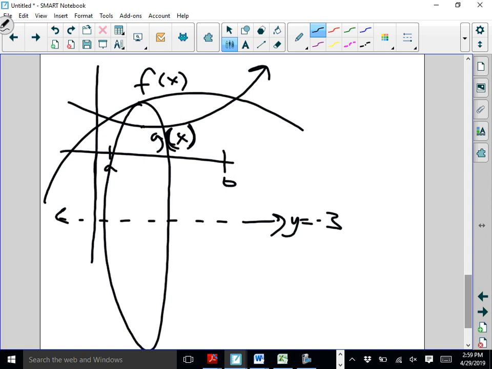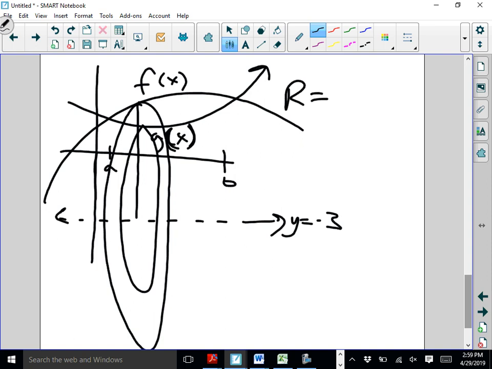Now, my big radius is still going to be tied to f of x. But as a reminder, that distance is f of x, so my big radius is not simply f of x. It's f of x plus this distance. Well, this distance is always 3 because we have the line y equals -3.